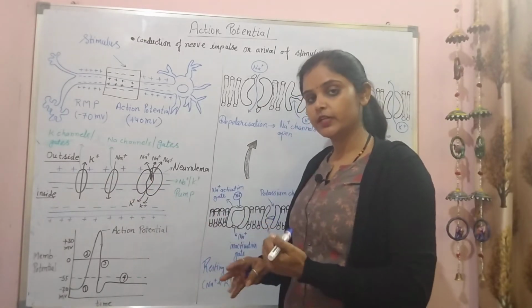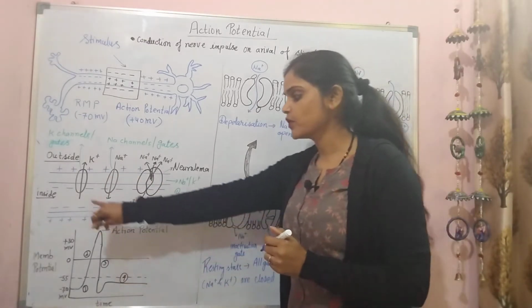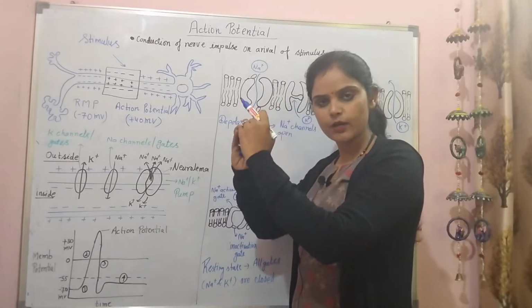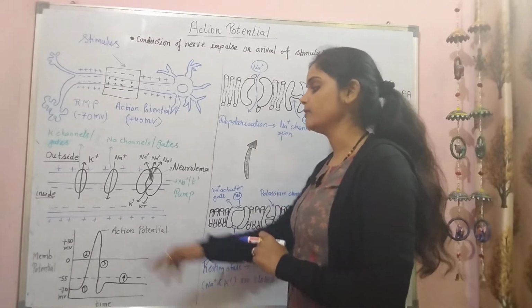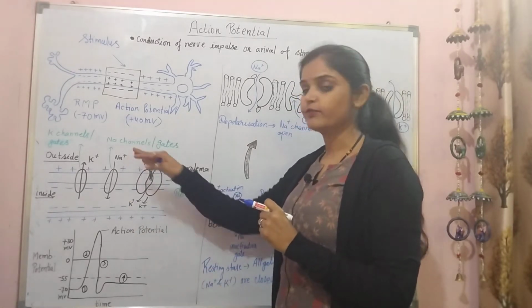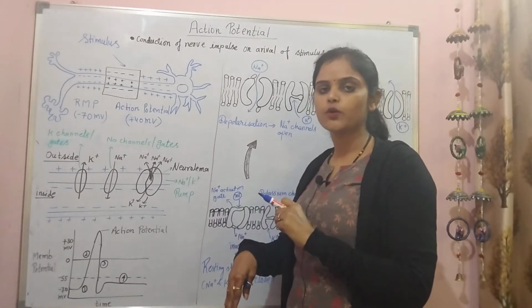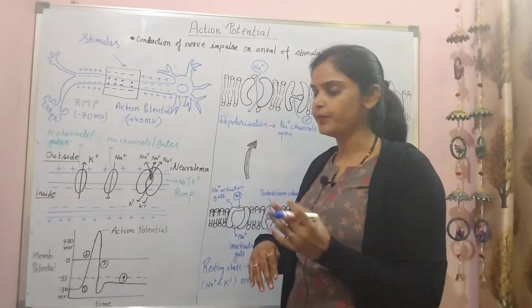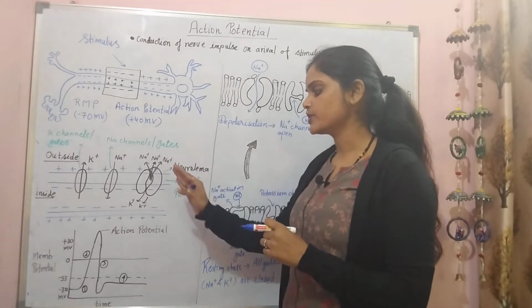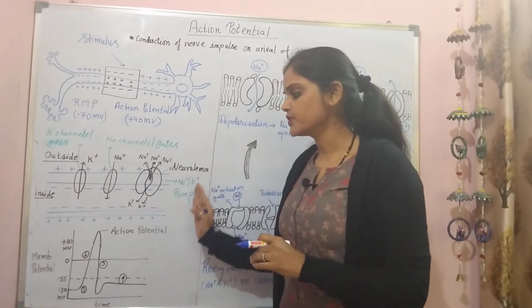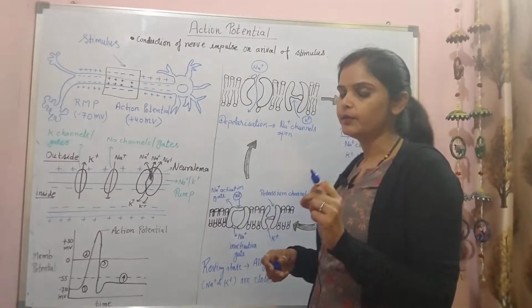Always remember: first, the potassium channel, which takes potassium from inside the cell to the outside down the concentration gradient. Next, the sodium channel, which takes sodium from outside to inside down the concentration gradient. And third, the sodium potassium pump, which takes 3 sodium outside and 2 potassium inside. So that is all about the channels and pumps present in the neuronal membrane.